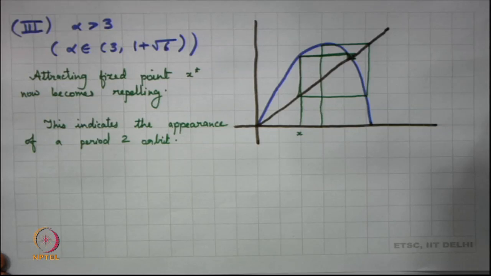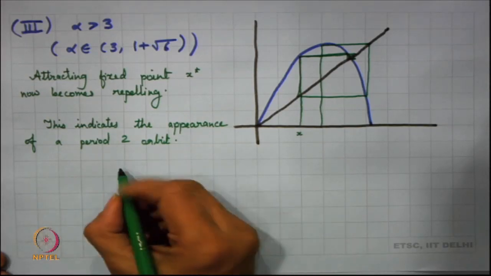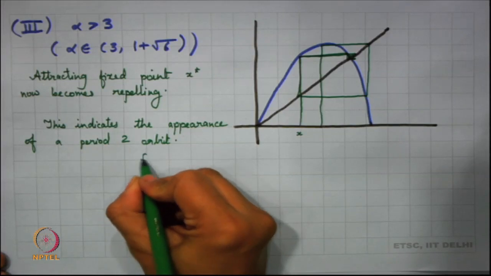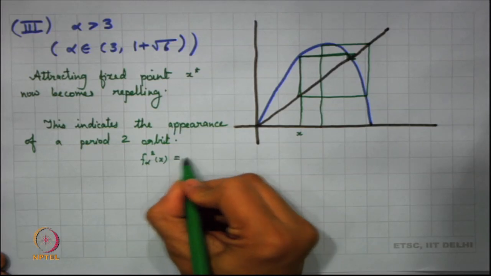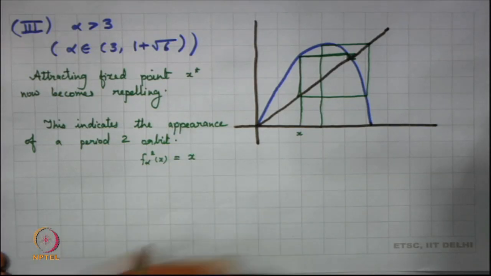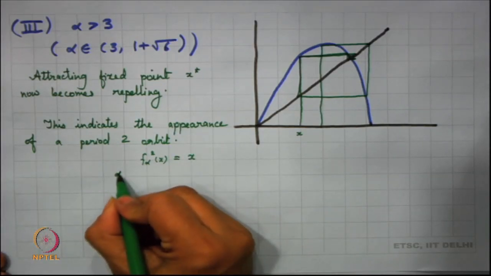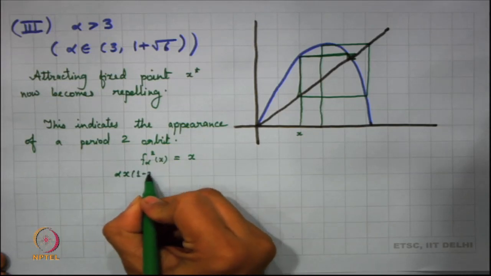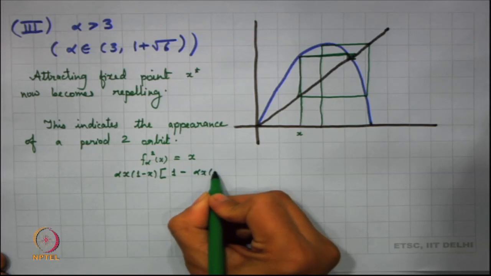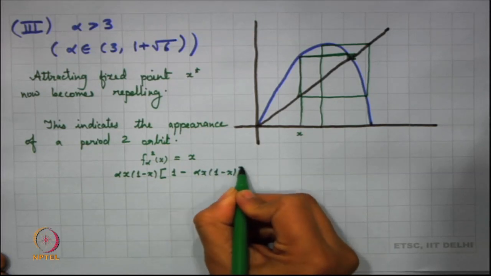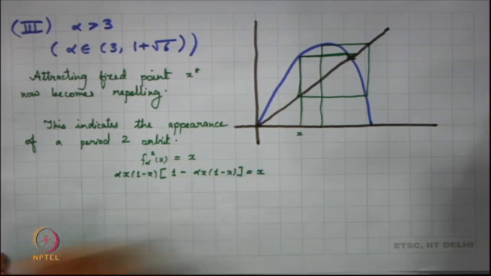Now, if there really is a period 2 orbit, we should be able to solve the equation f alpha square of x equal to x. Essentially that means I am looking at alpha x times 1 minus x, into 1 minus alpha x times 1 minus x, and this should be equal to x.